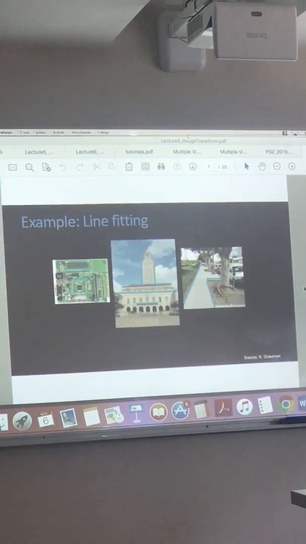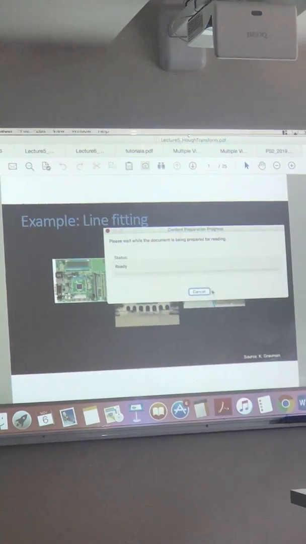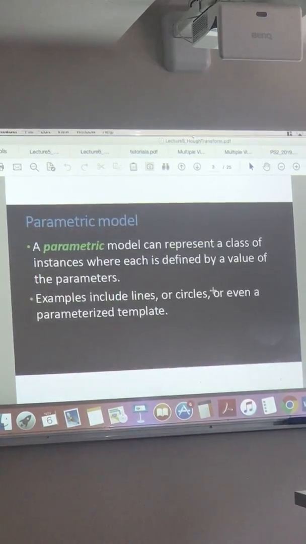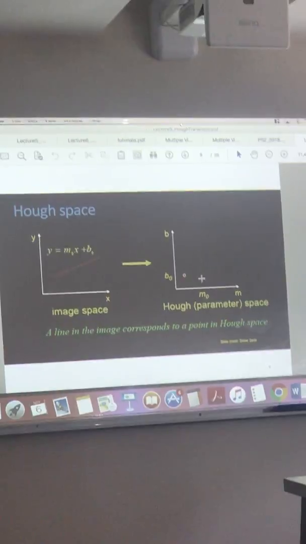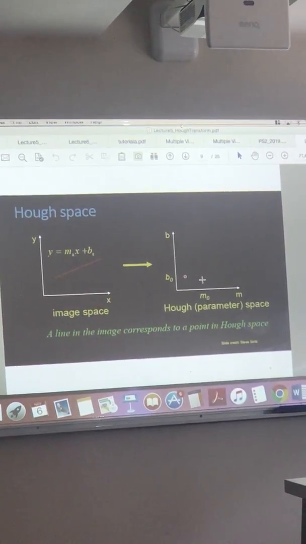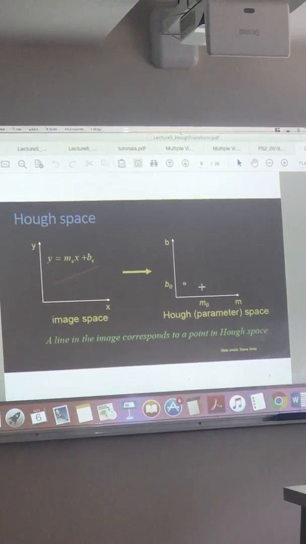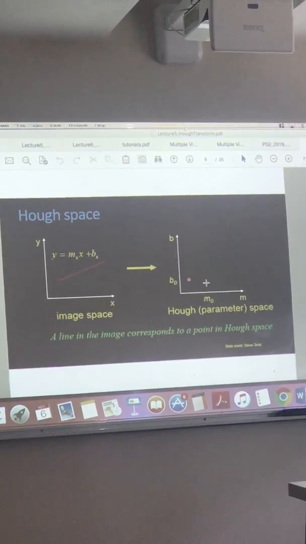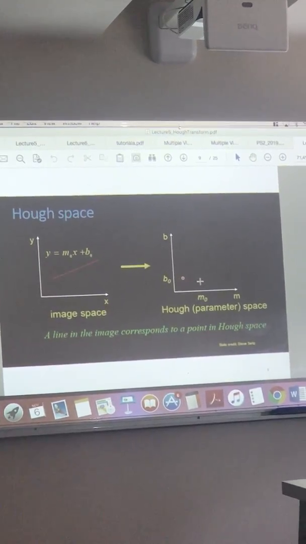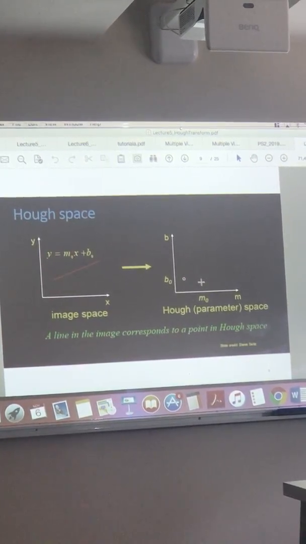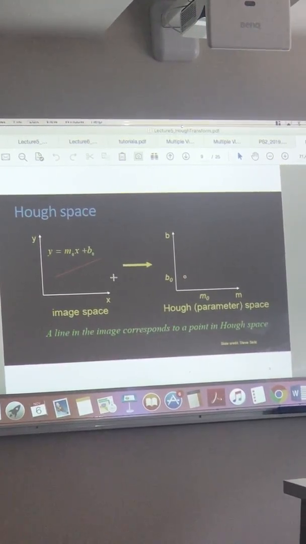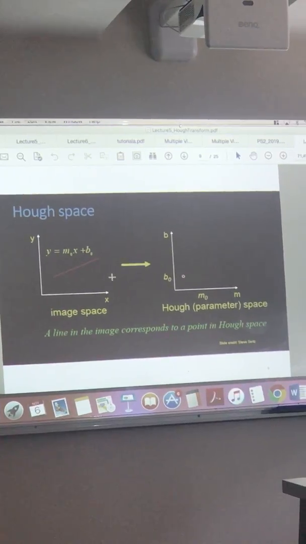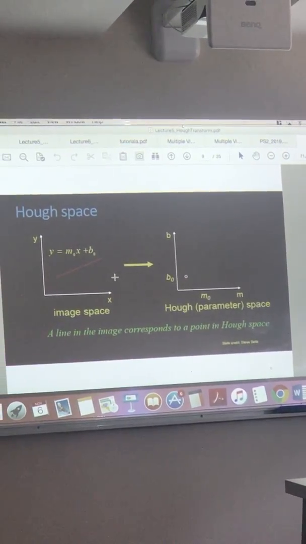Hough transform. This is also something important. Essentially, understand how the transform is critical, going from the image space to Hough space. How you do that? The linear one, and also you can have the polar representation of the lines.